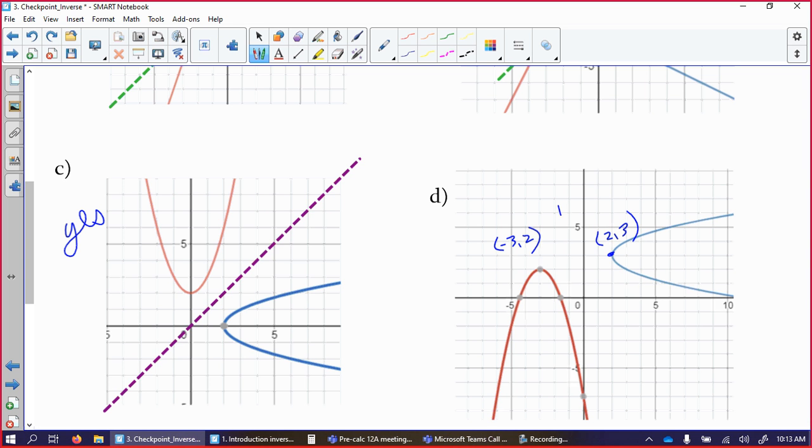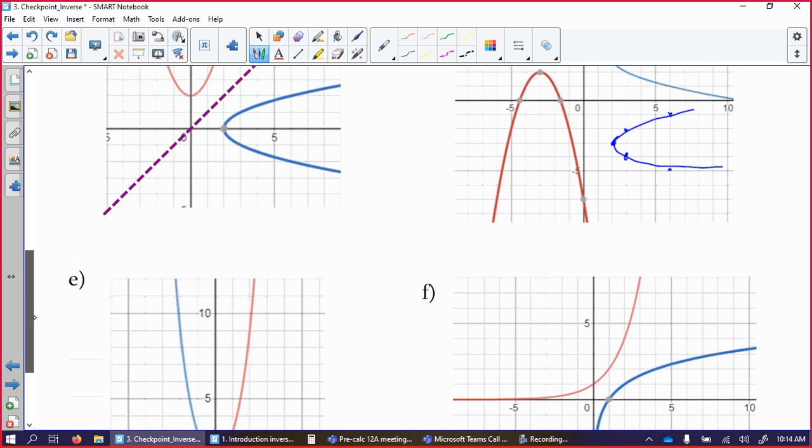Are those inverses? No. For the blue graph to be the inverse of the red, that graph would have to start down here for that to be an inverse. Again, there's my horrible drawing skills. Like so. So identifying things.